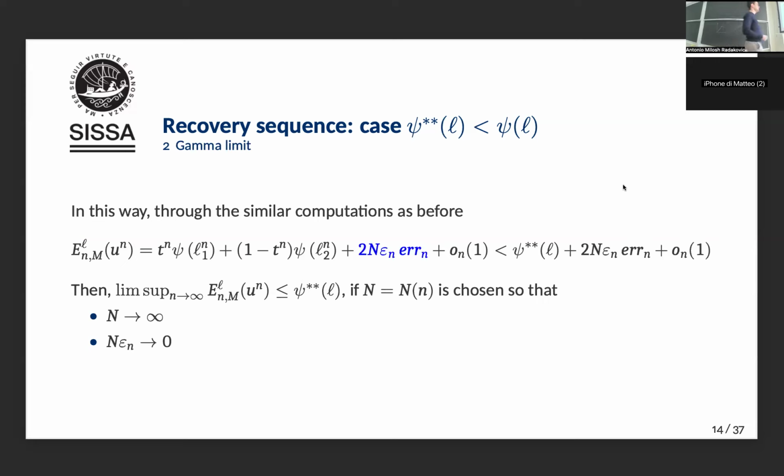And this kind of error is actually proportional to epsilon m. So if we want to highlight the energy we are carrying through the transition from one oscillation to the other, we need in some way to rescale this energy by epsilon m.